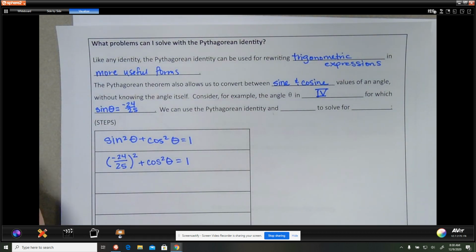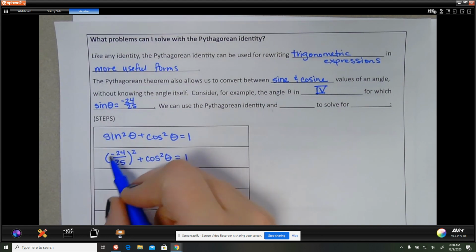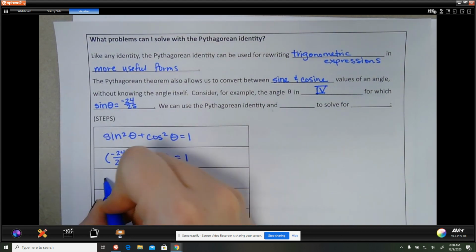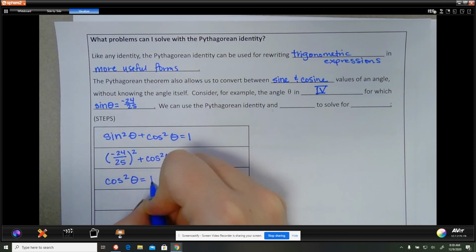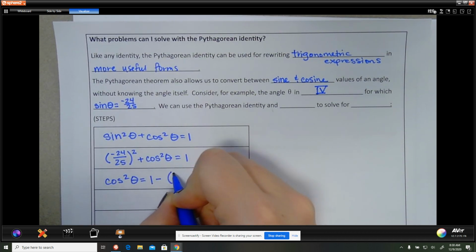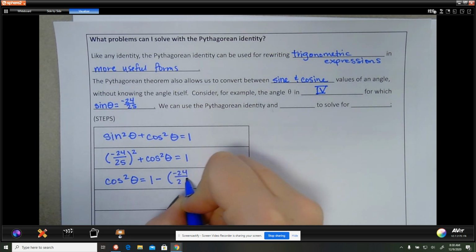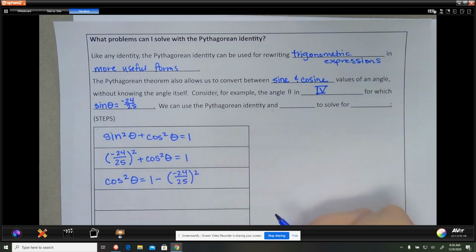All right, then we can subtract this square of negative 24 over 25. So that would look like this. Cosine squared theta is equal to 1 minus negative 24 over 25 squared.